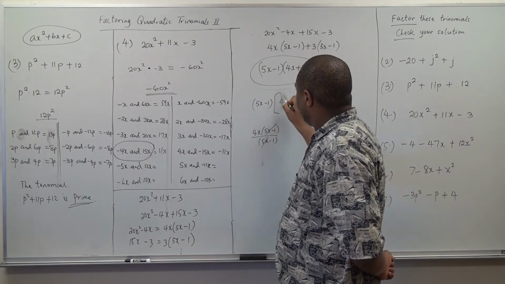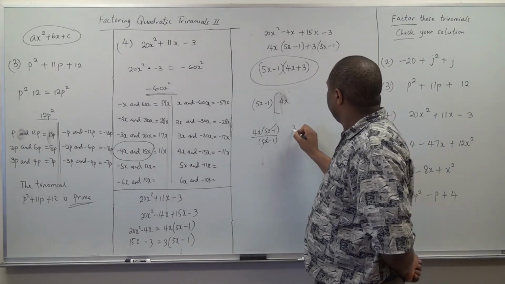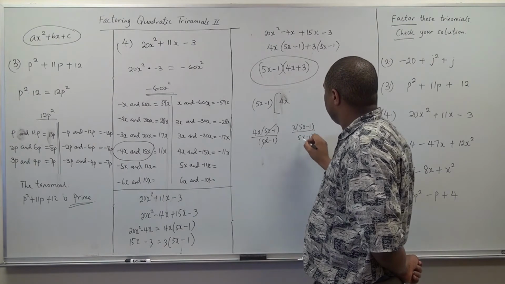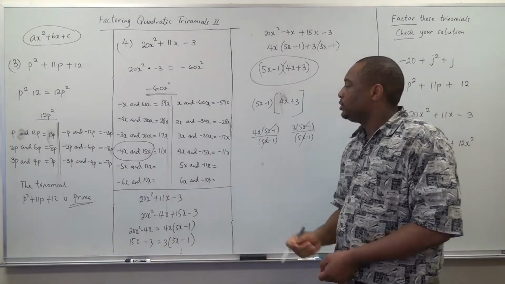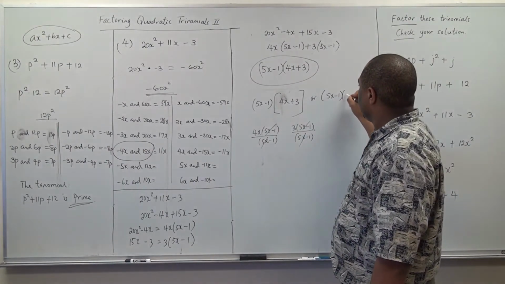What is remaining? 4x. Then you also do 3 times 5x minus 1 divided by 5x minus 1. What is remaining? Plus 3. And that is it. So whether you write it like this or like this, it's still the same thing.